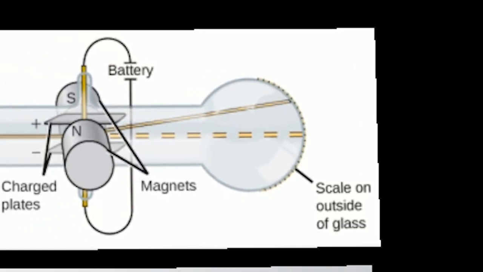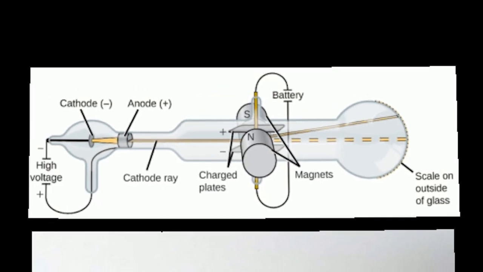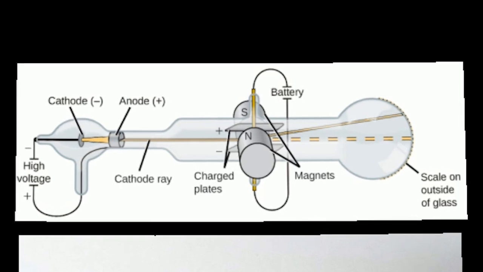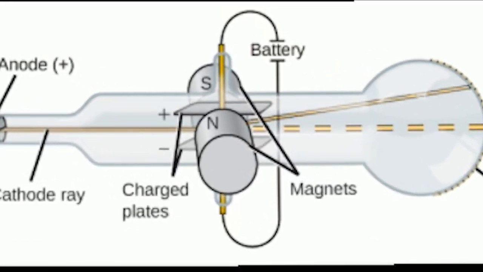This is extremely similar to how CRT televisions, or cathode ray tube televisions, operate to produce an image on a screen. To test the properties of the particles, Thomson placed two oppositely charged electric plates around the cathode ray. The cathode ray was deflected away from the negatively charged electric plate and towards the positively charged plate.